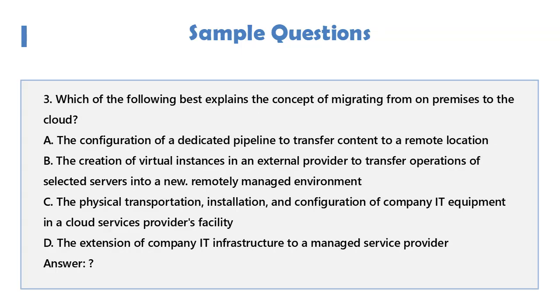3. Which of the following best explains the concept of migrating from on-premises to the cloud? A. The configuration of a dedicated pipeline to transfer content to a remote location. B. The creation of virtual instances in an external provider to transfer operations of selected servers into a new, remotely managed environment.